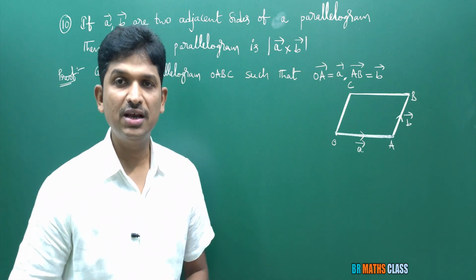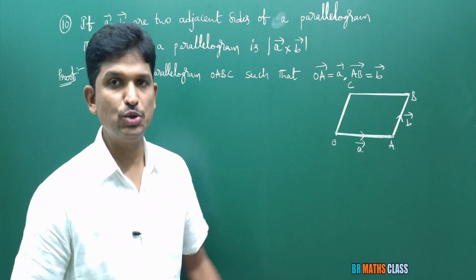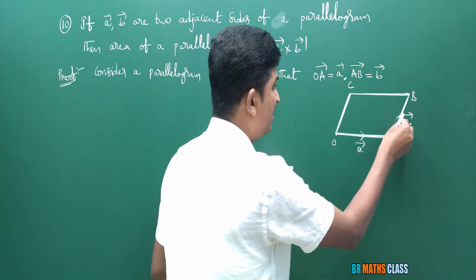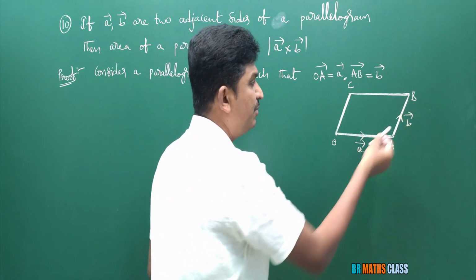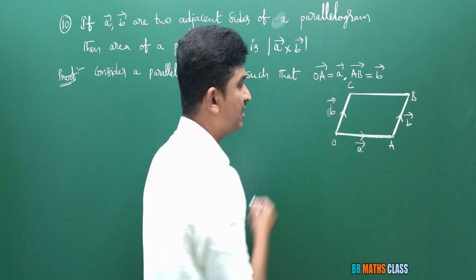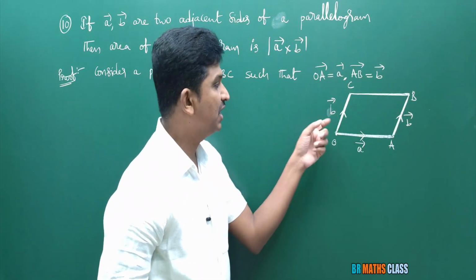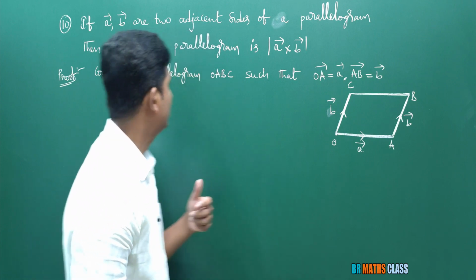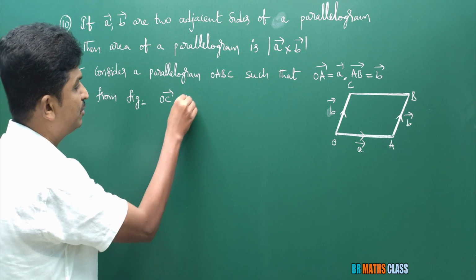Before calculating the area of the parallelogram, I need a few things from this diagram, so I'll write those first. You observe this AB bar is B bar, as it is a parallelogram. OC bar and AB bar are equal vectors. OC bar is also B bar. So in place of OC bar, I can write B bar. From the figure, I can write OC bar as B bar.